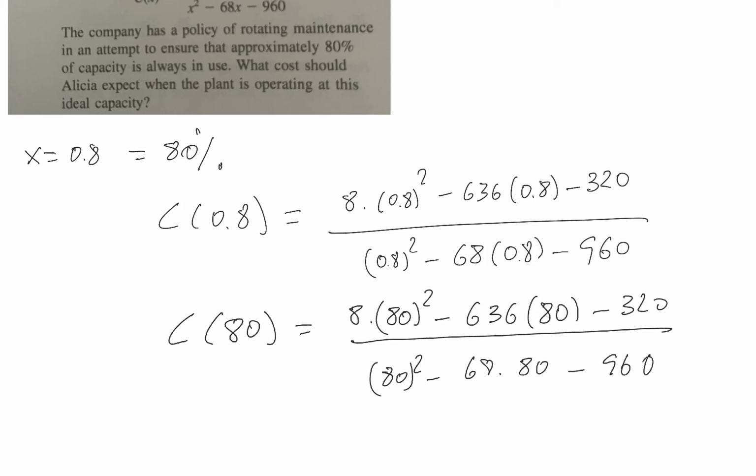So you use the number 80, and this way you obtain the value of the cost function when x is a particular value of units produced.